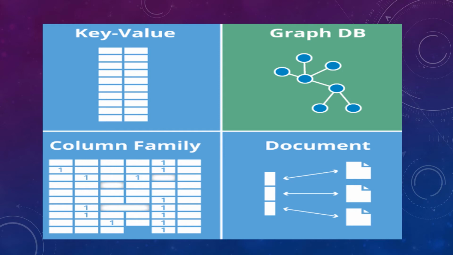And the last type of this category is wide column store. Wide column stores such as Cassandra and HBase are optimized for queries over large data sets and store the columns of data together instead of rows. So SQL databases store the data in the form of tables, but NoSQL databases store the data in the form of key value pair, document based, graph database, and wide column store based.